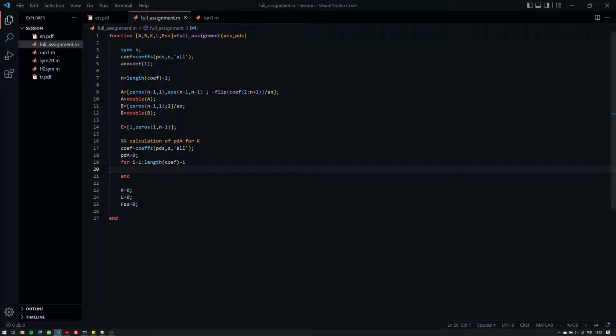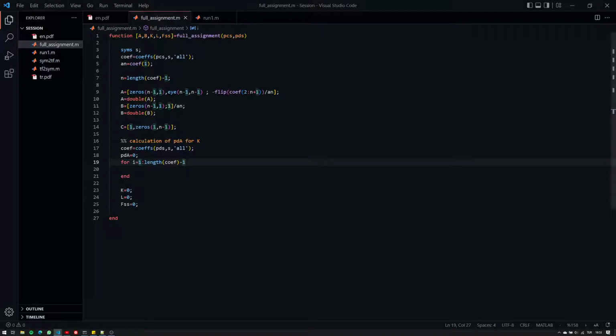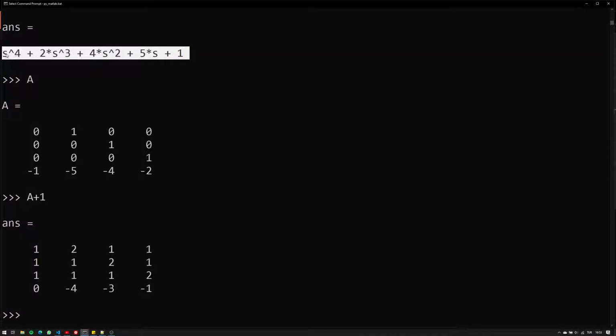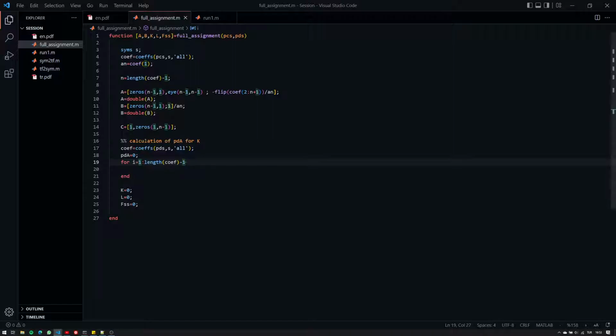I'll do this because I will be operating on this part here. If I would use length coef here, it would be up to this point. But I'll skip the last one because that will be multiplied with the identity matrix, but everything else is in terms of A. So I'm going to stop at the constant term, basically.